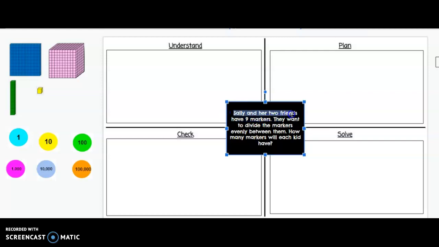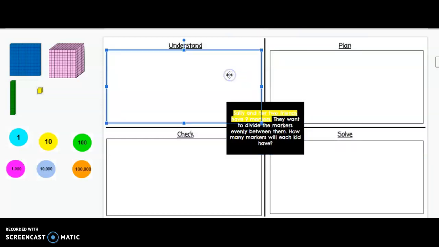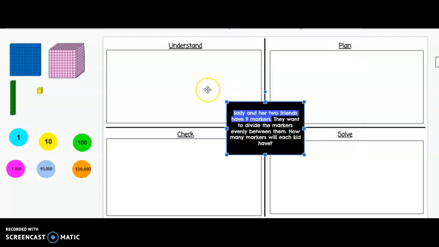Sally and her two friends have 9 markers. That's important, so we're going to highlight it. Maybe not yellow because that's really bright, so let's do a darker color. There we go. They want to divide the markers evenly between them. How many markers will each kid have?